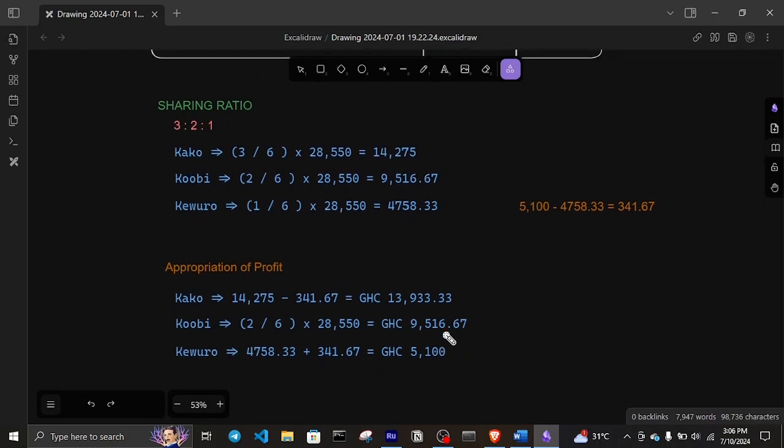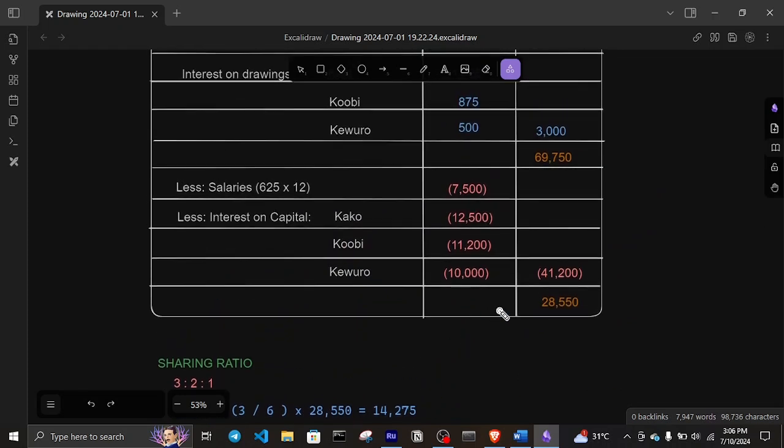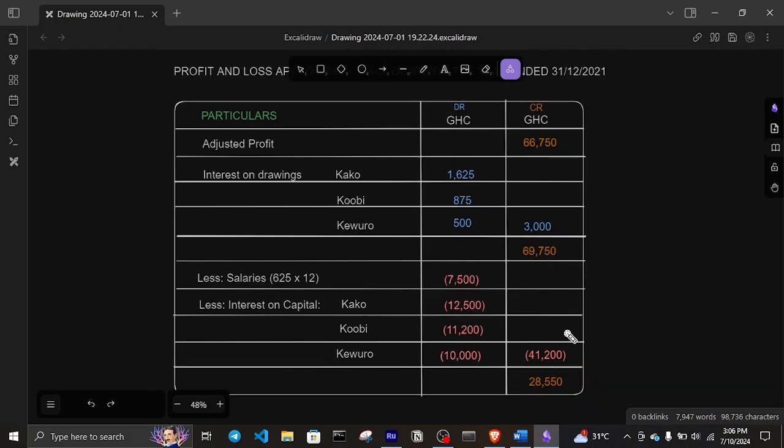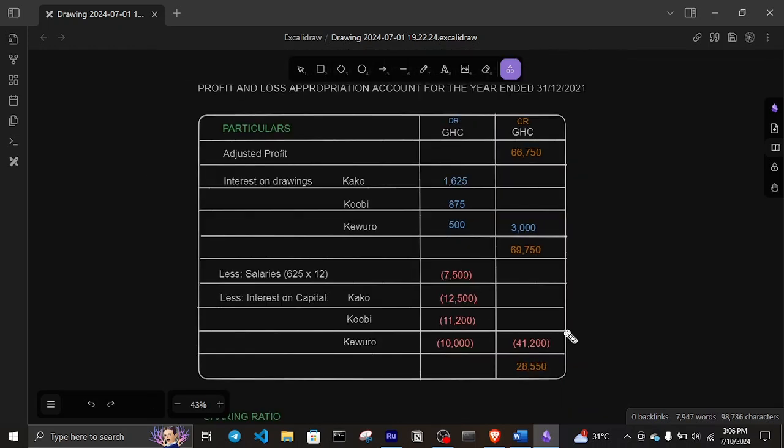So if you add all of these together, which is the total amount we have for each of the partners, we will have the profit that the business made, which was 28,550 Ghana cedis. So friends, that will be it for the profit and loss appropriation accounts for partnership accounts.